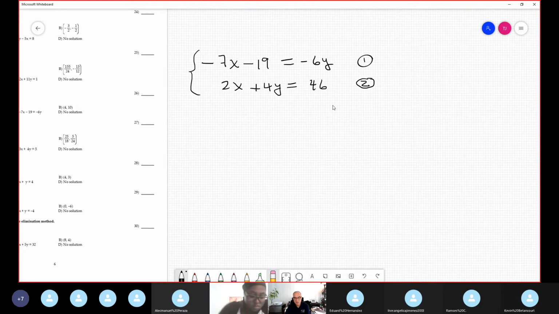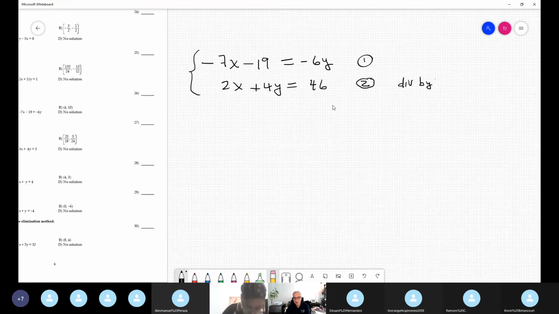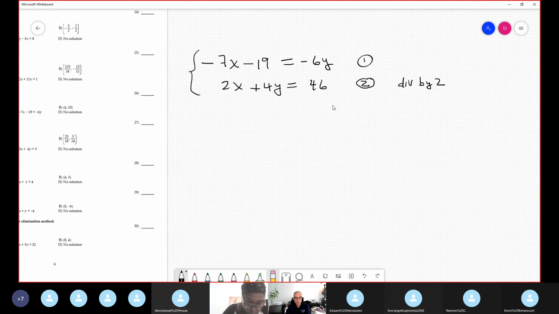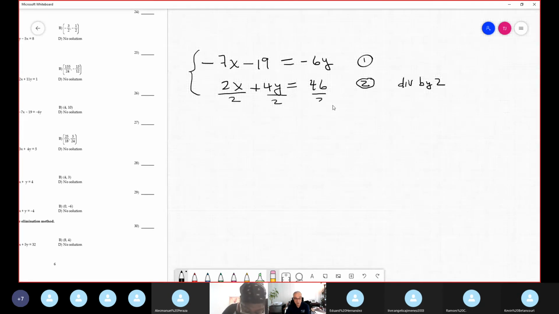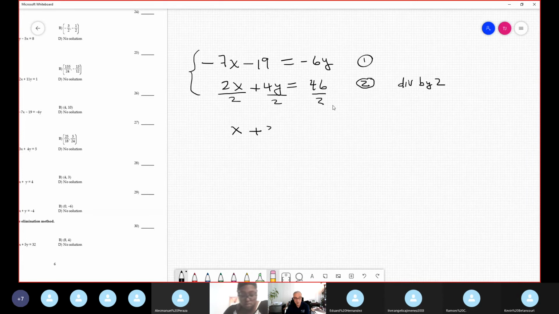So why not divide the entire equation by 2? When you divide by 2, we have x alone, because 2 and 2 is 1, plus 2y, equal 23. And this is a new equation in which the coefficient is now 1.